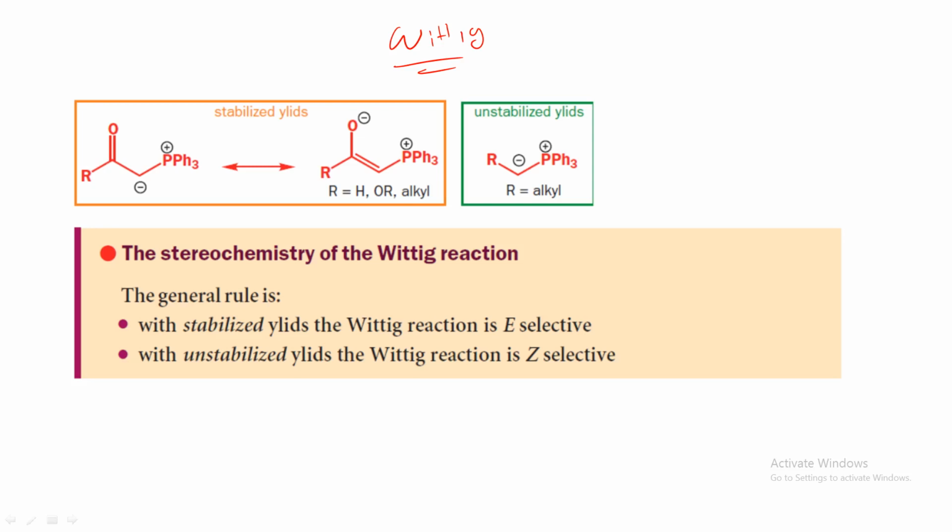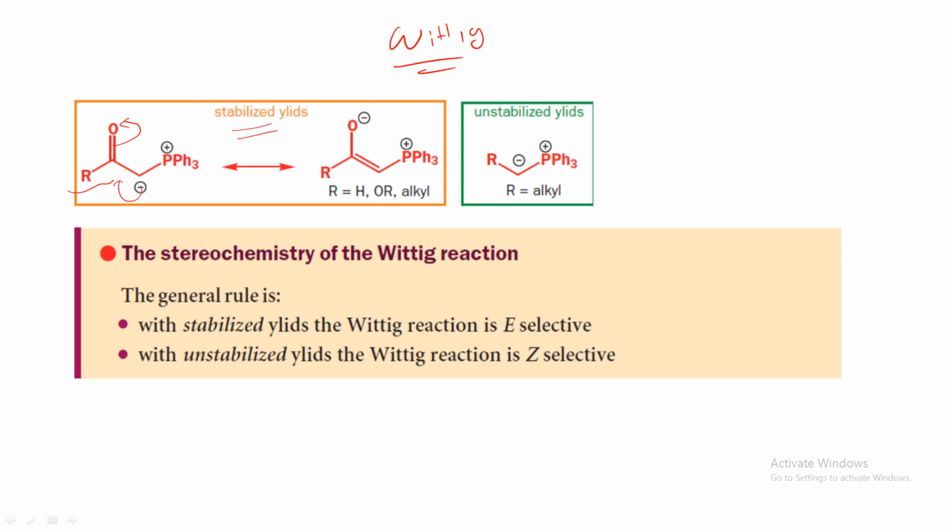Why is it a stabilized Wittig ylide? Because in this carbanion species, the negative charge can easily be in conjugation with keto, ester, cyanide or other electron withdrawing groups, and for this type of resonance stability, it is known as a stabilized ylide.